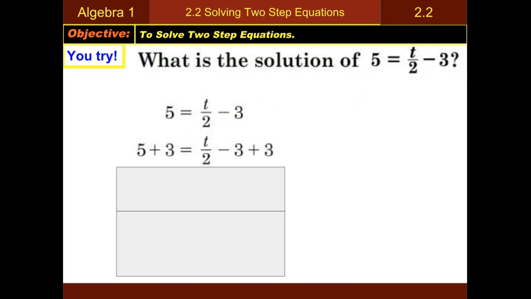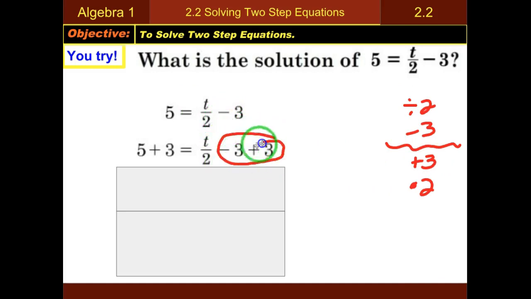If I look at what they did to the variable, they divided by 2 and then subtracted 3. So if I'm going to do the opposite, I need to add 3. Remember, I'm doing the reverse direction as well, and then multiply by 2. To undo a minus 3, I added 3, because those go away to 0.